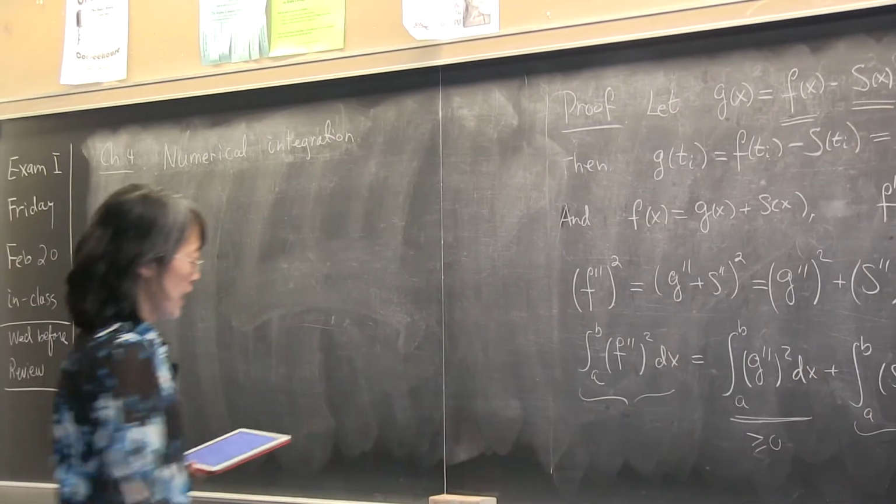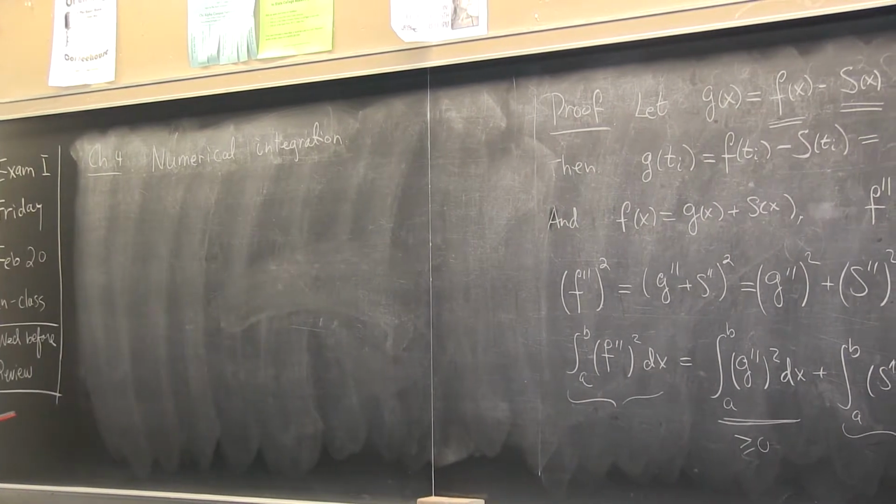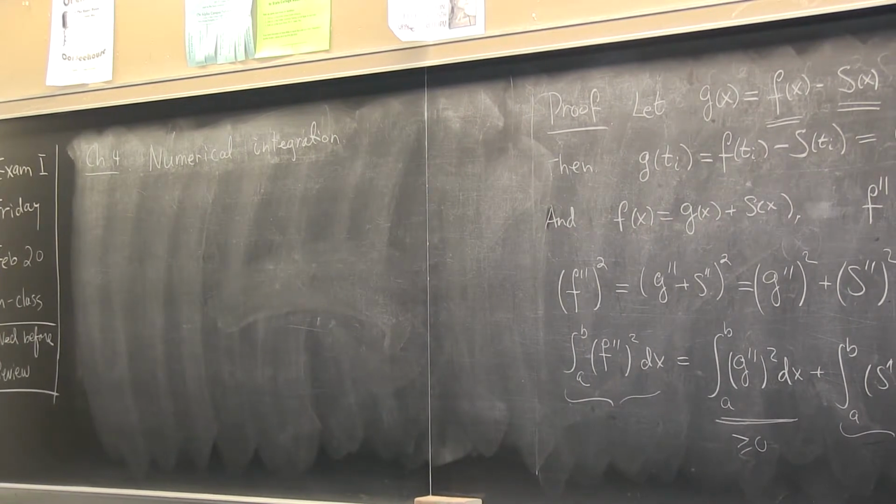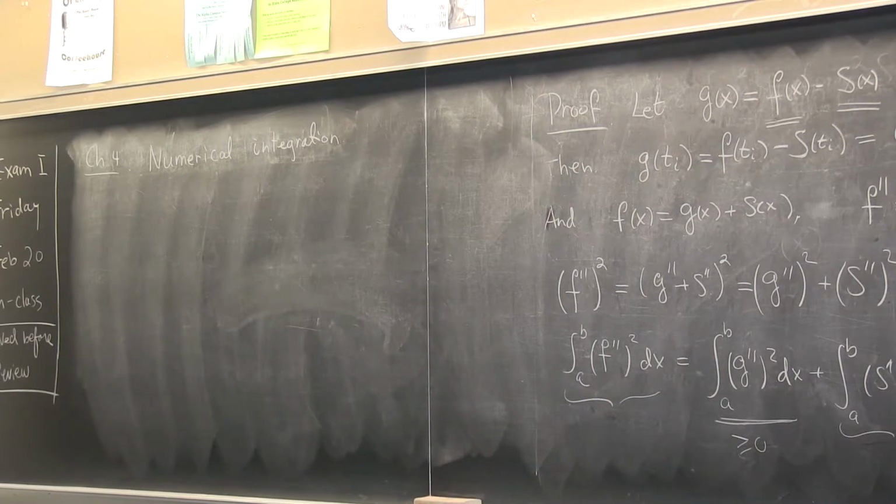The most important application of numerical integration actually lies in something that will come much later, in solving differential equations using the weak form, the variational form. Later on, if you take a graduate course on finite element, for example, this is a key component in it. Okay, but right now we'll just take it as a way to approximate the integral. So keep in mind this has huge applications.